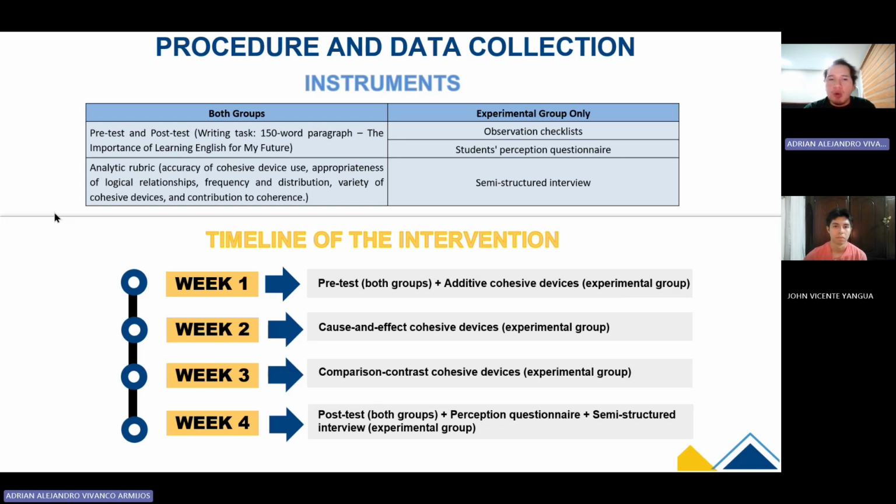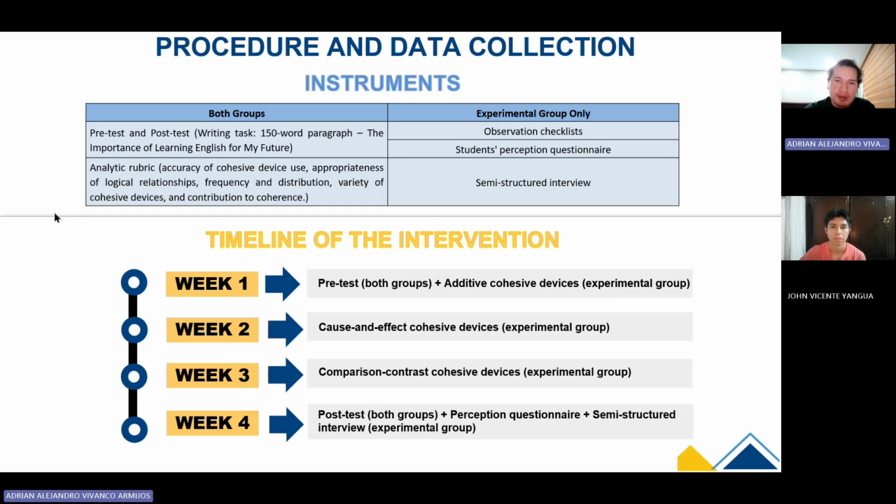Both the pre-test and post-test were assessed using the same analytic writing rubric, which evaluated 5 dimensions: accuracy of cohesive devices, appropriateness of logical relationships, frequency and distribution, variety of cohesive devices, and contribution to coherence.